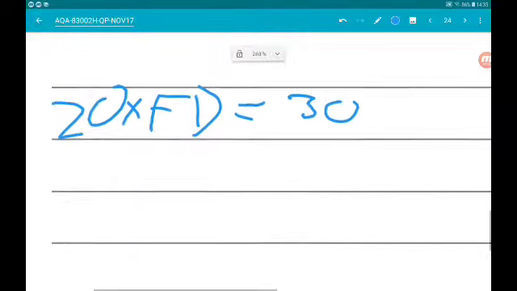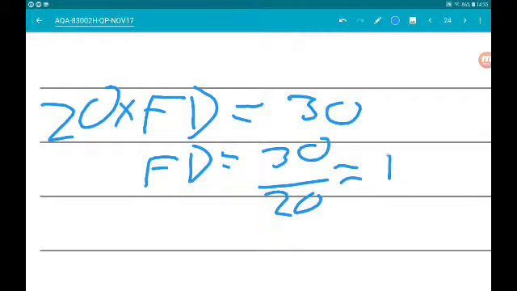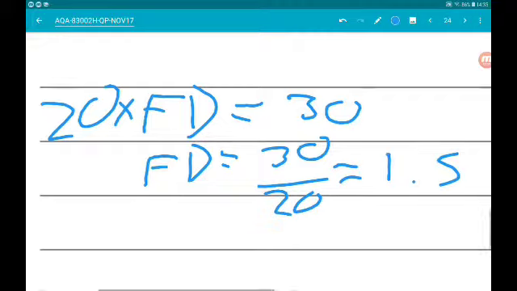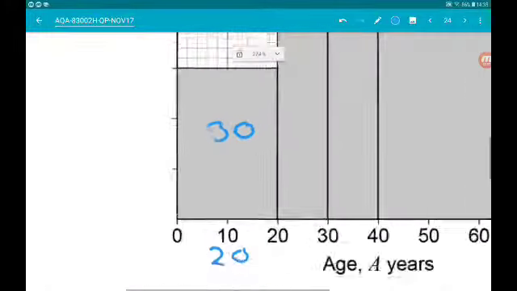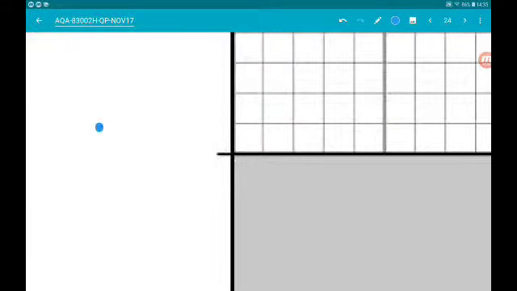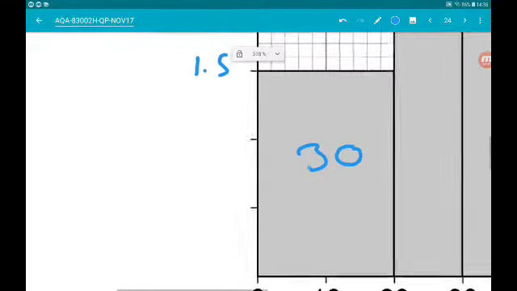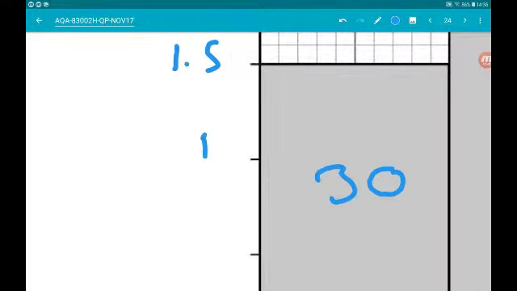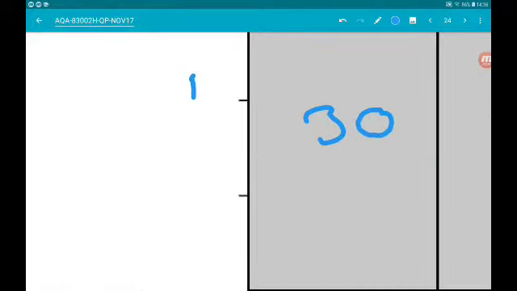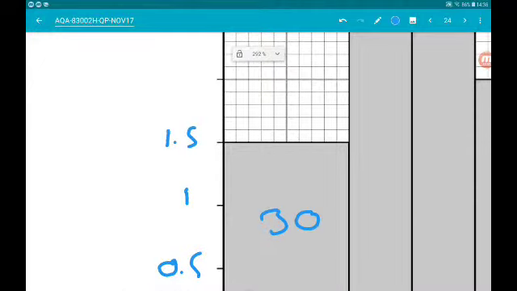So if we divide by 20, frequency density is 30 over 20, which is 1.5. So that tells us the frequency density up to here is 1.5. Now we have a scale for our frequency density. So each tiny little square is going to represent 0.1.